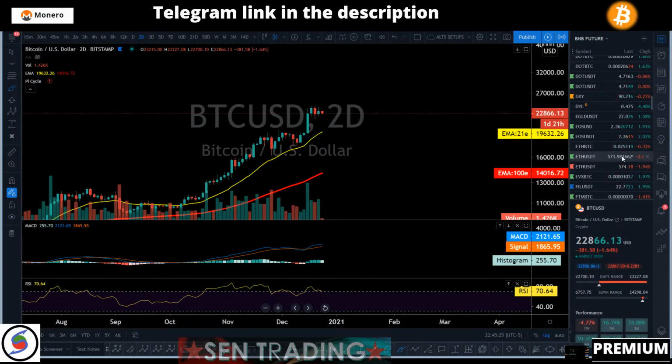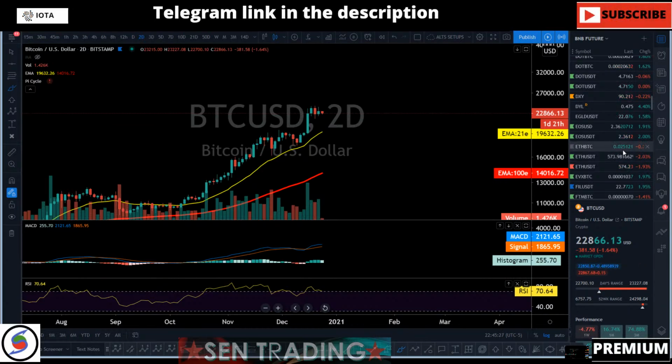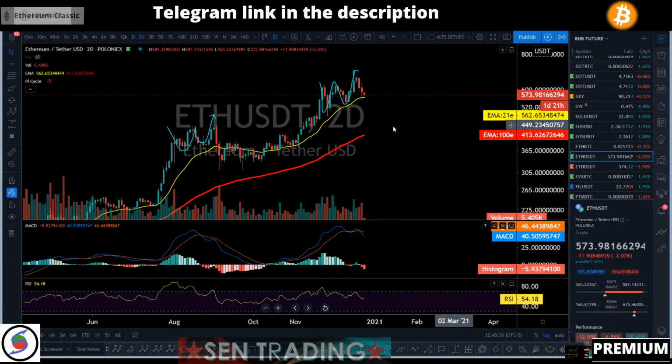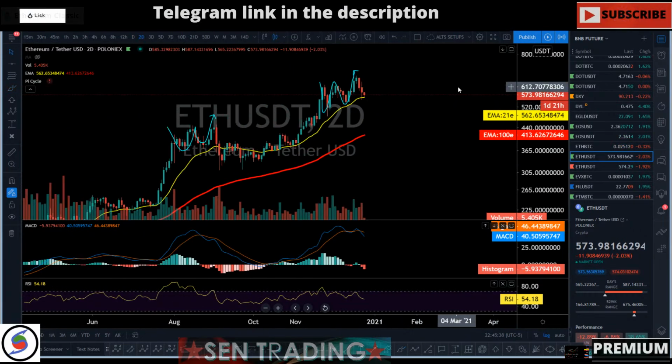So let's take a look at Ethereum. Ether BTC is also falling. Ether BTC is giving us a very, very powerful top formation pattern.